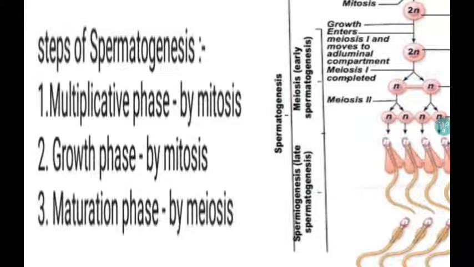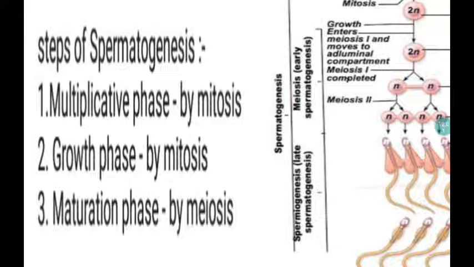But here one point is very essential for you to understand, that the spermatogonia cells are of two types, which are called type A spermatogonia and type B spermatogonia. Type A spermatogonia cells just divide and redivide to add more spermatogonia cells, but type B spermatogonia cells only take part in the formation of the spermatid and spermatozoa.